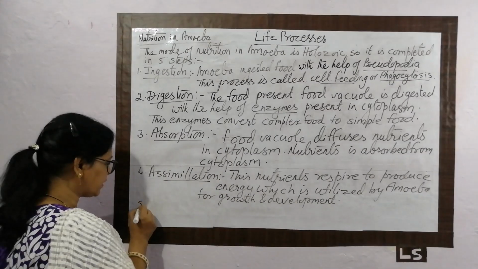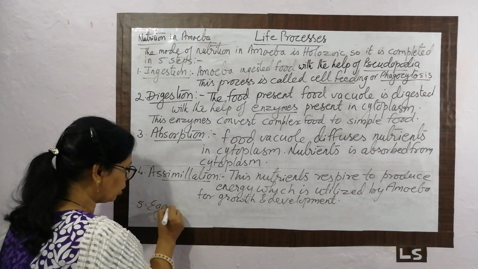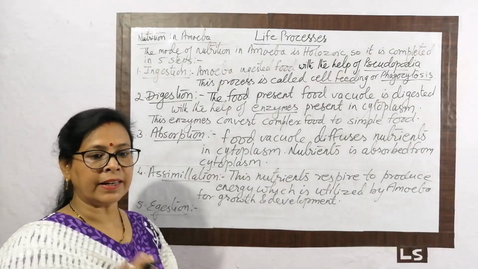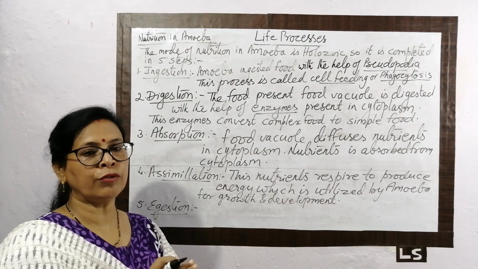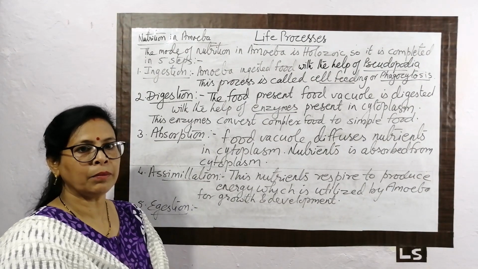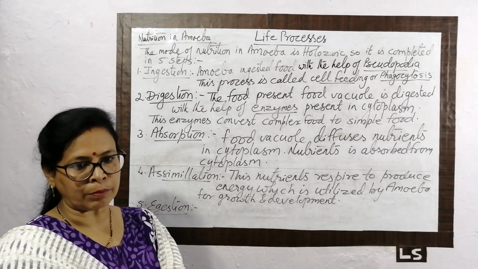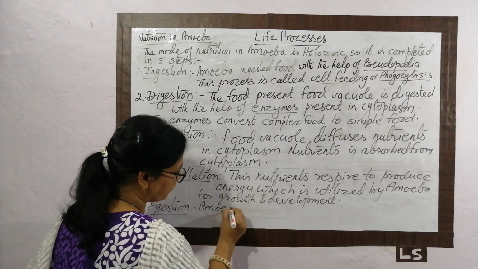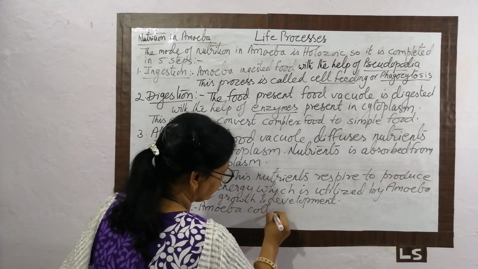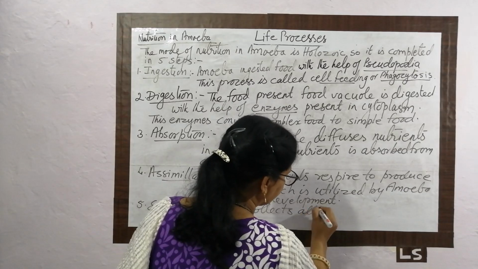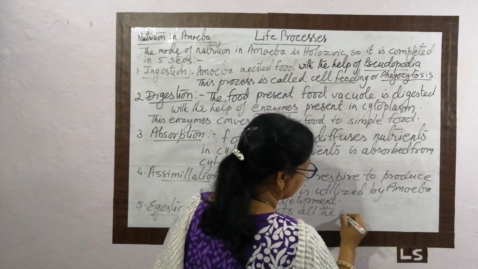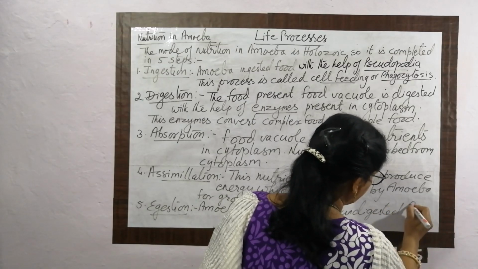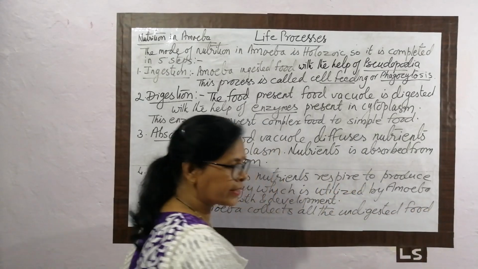Now what happened next? That is the last step, called egestion. Now what happened in egestion? The undigested food is removed out from the body of the amoeba, removed out from the amoeboid cell. So what is the process going on? Amoeba collects all the undigested food or waste. Undigested food, from where it is collected?